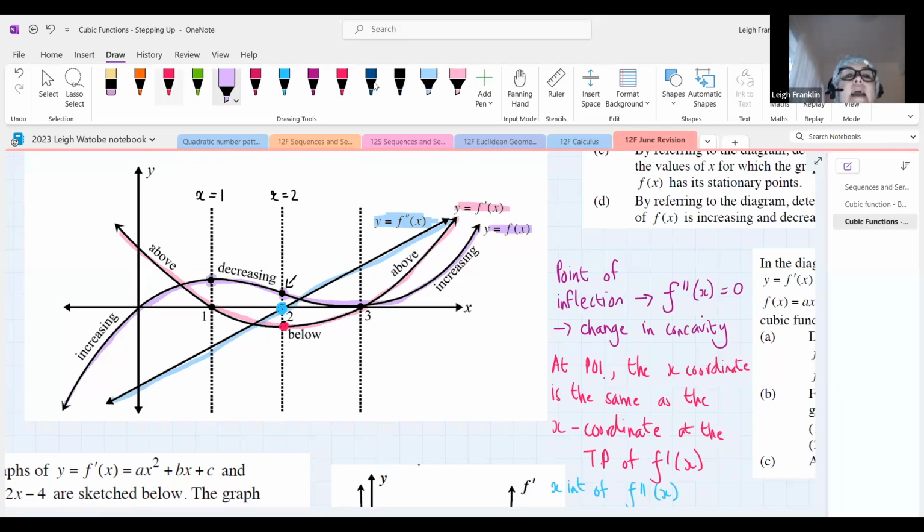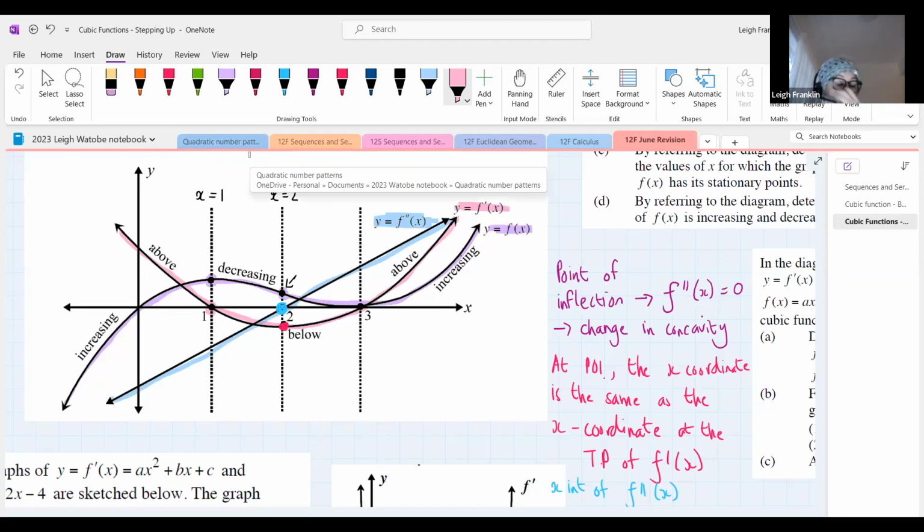It has the same x-coordinate as one of the x-intercepts on the parabola. So your turning points on your cubic function are the x-intercepts on your second derivative. Is everybody happy with that?